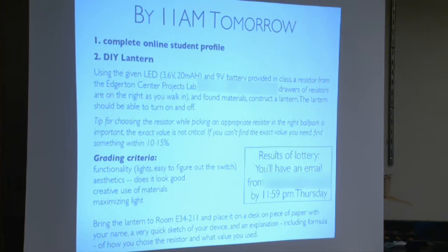So I'm sure you can find some materials downstairs. Not in the Edgerton lab. In the Edgerton lab you can just get resistors. We actually intentionally tried to make this class a little short so there's time to help you start this project.